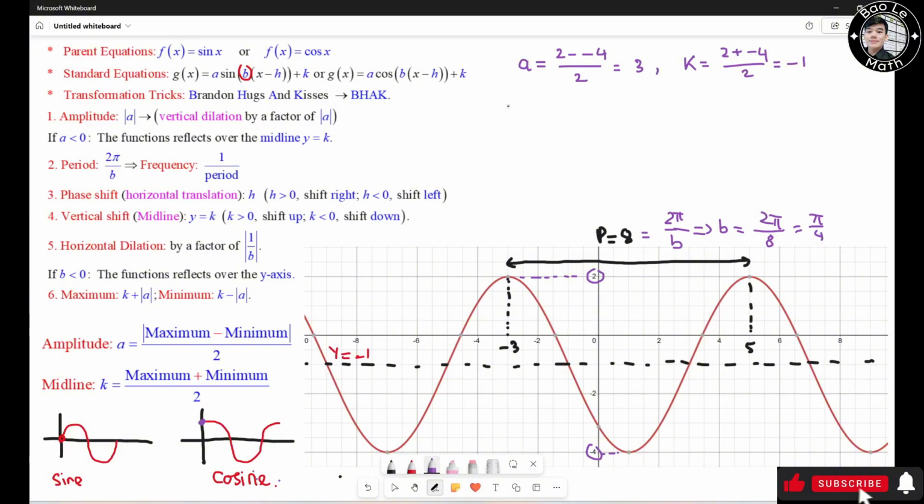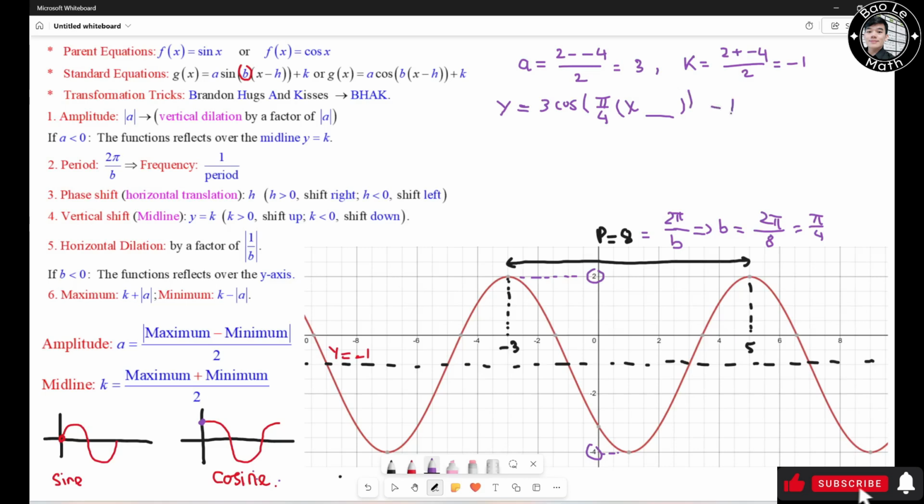Now, I need to write y equals... the amplitude is equal to 3. So it's going to be 3 cosine of pi over 4 parenthesis x, and I leave that blank right here because I need to fill out the phase shift.